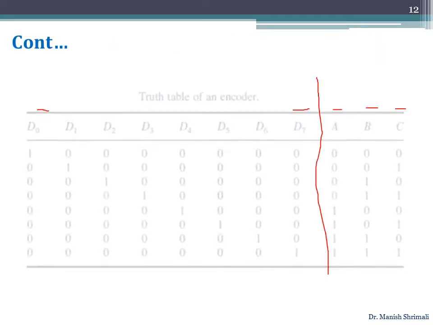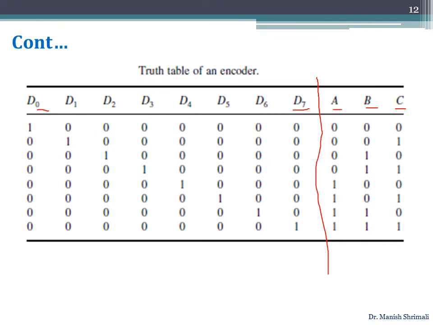This is the truth table of this octal to binary encoder, where we have D0 to D7 as the inputs, and you can see that A, B, C are the outputs.